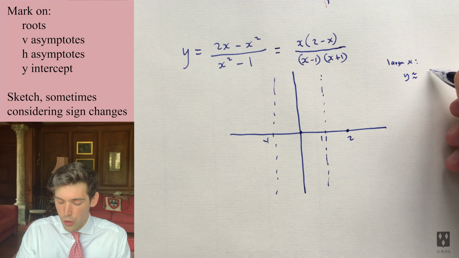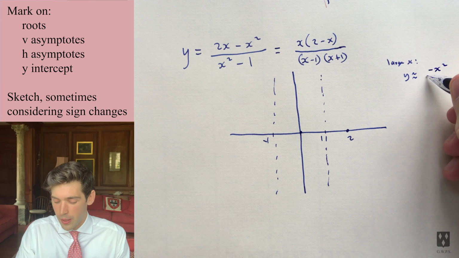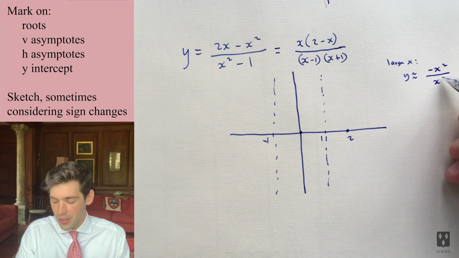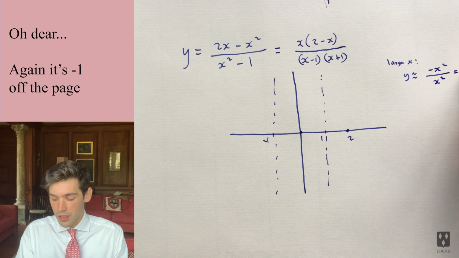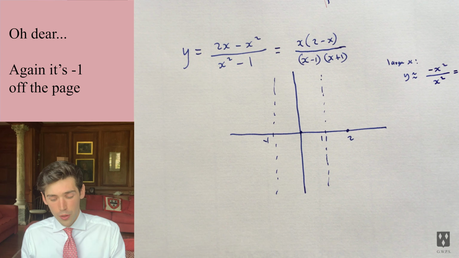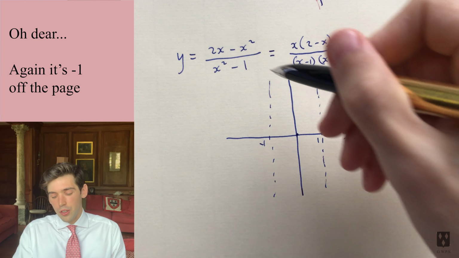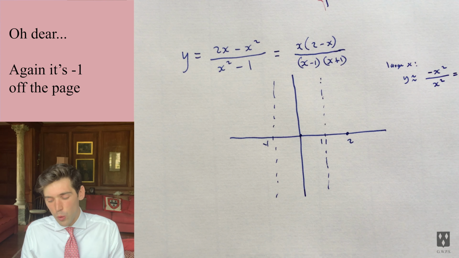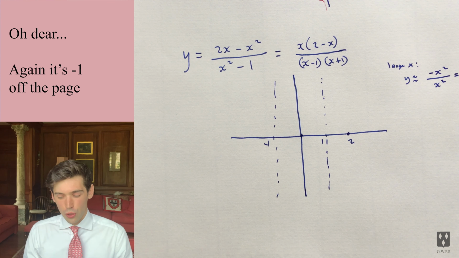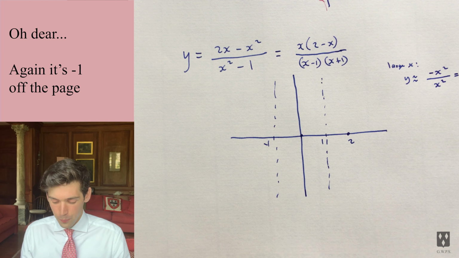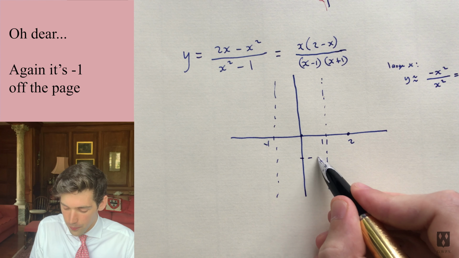So we're really interested in the highest order x terms. And in this case, it's going to be minus x squared over x squared, which is actually just minus 1. So you could put a large number in here, and it might not be exactly minus 1, but the larger the number you put in, the closer to minus 1 it will get. So let's mark on that.